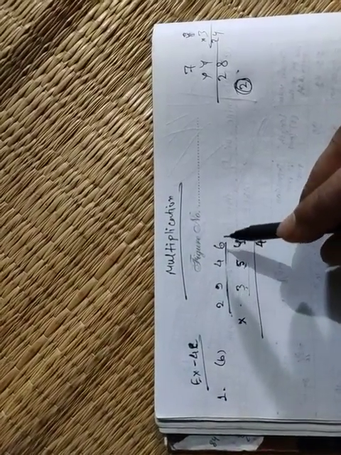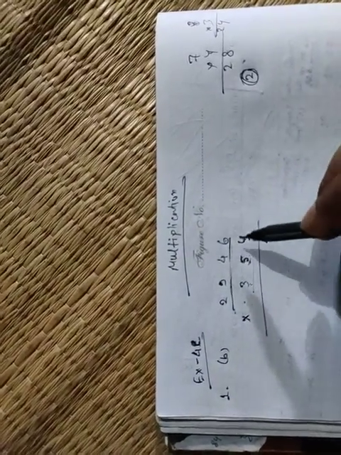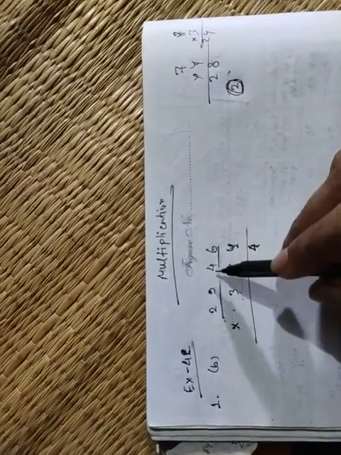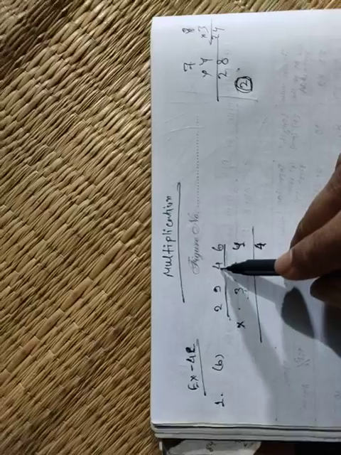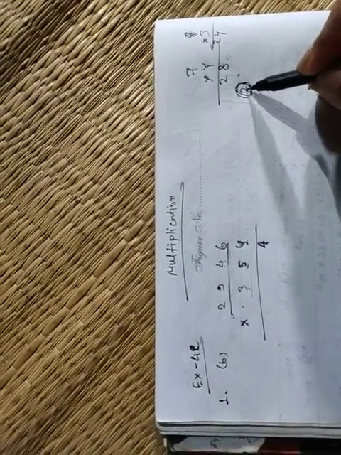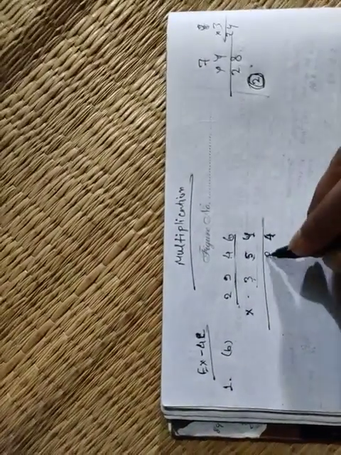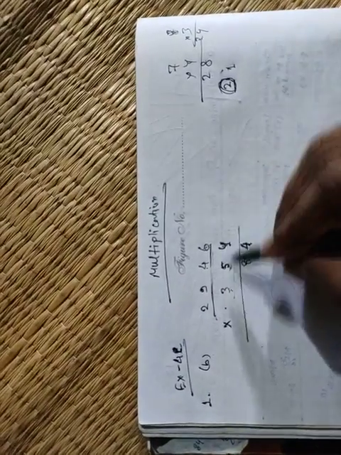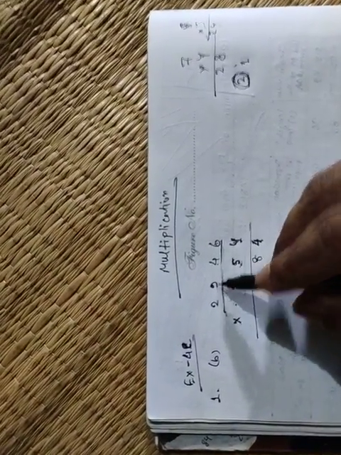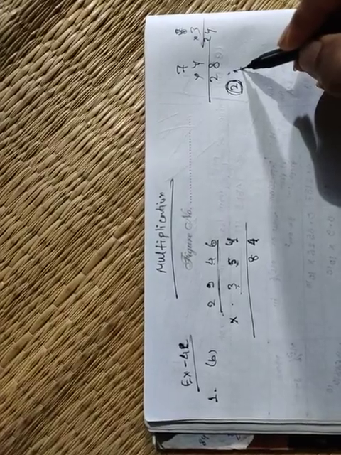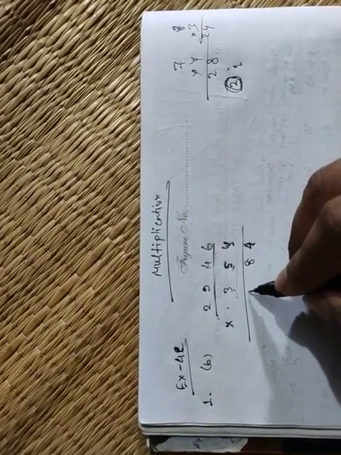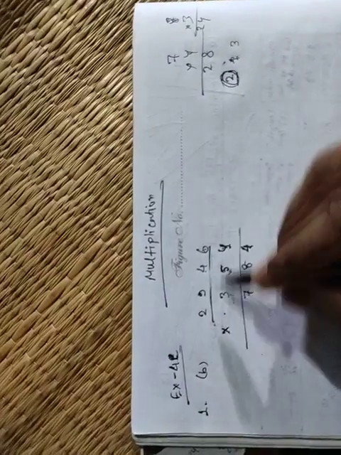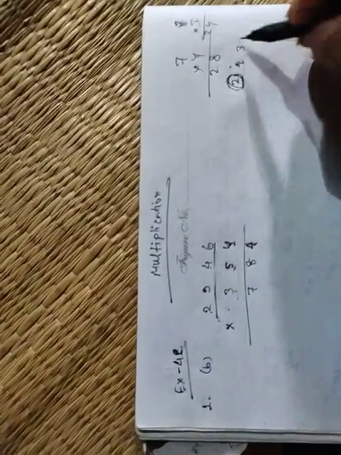Next digit: 4 6s are 24, carry 2, then 4 4s are 16, plus 2 is 18, 8 sits and 1 will be carry. Next 4 9s are 36 and 1 is 37, 7 sits and 3 will be carry. 4 2s are 8, plus 3 is 11.